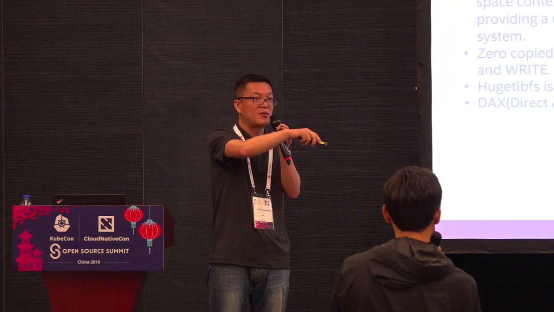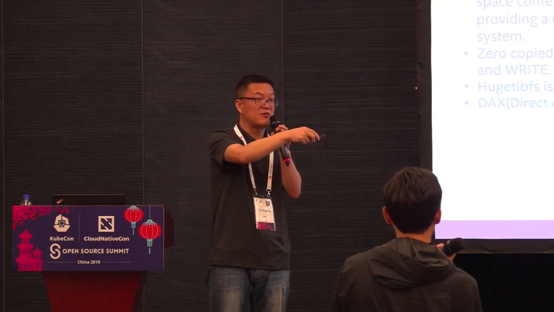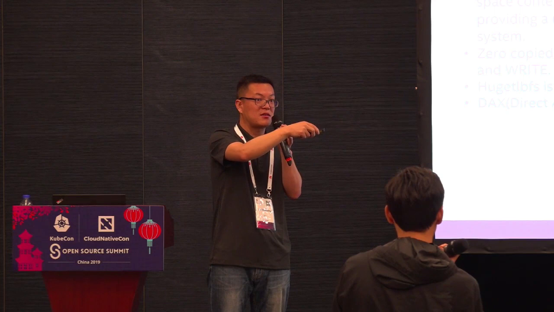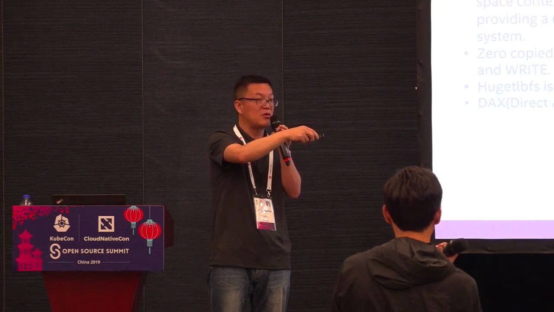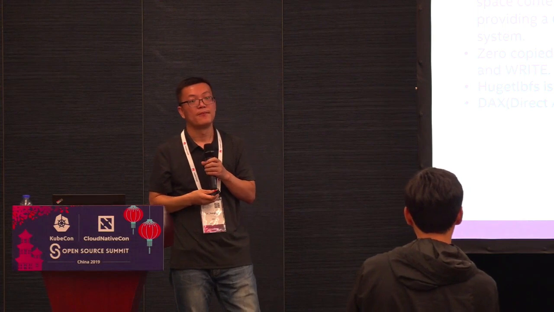That means it will go directly to the block. But if it's virtual, it's another story. It will just tell the guest kernel that it is persistent. It will bypass the guest. So ultimately, it will still result in that part of the memory.